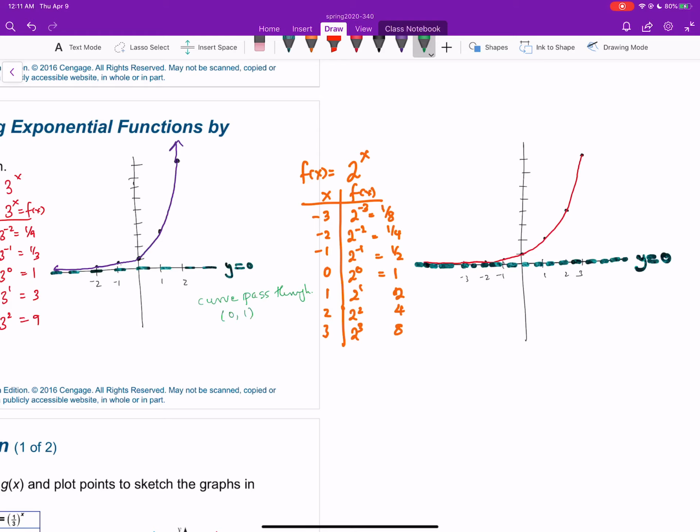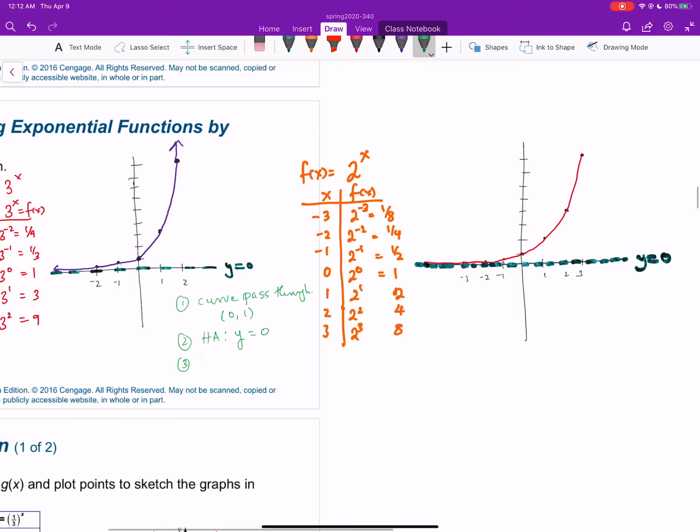Would that mean that every exponential function is going to do that? Because any base raised to the power 0, you're going to end up at 1. So at 0, your y value is going to be 1 for every exponential function. That's one of the key things we see. Two, it's got a horizontal asymptote at y equal to 0.